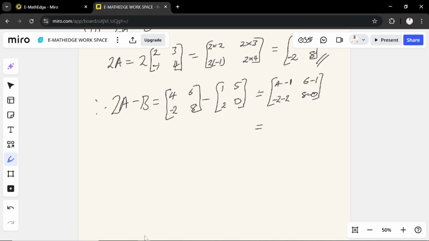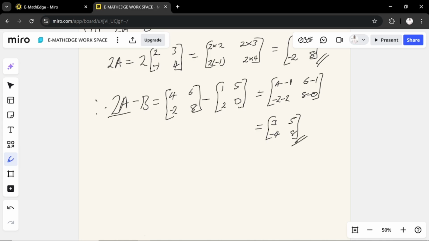Such that if we simplify, 4 minus 1 is going to give us 3. 6 minus 5 is going to give us 1. Minus 2 minus 2 is going to give us minus 4. 8 minus 0 is going to give us 8.